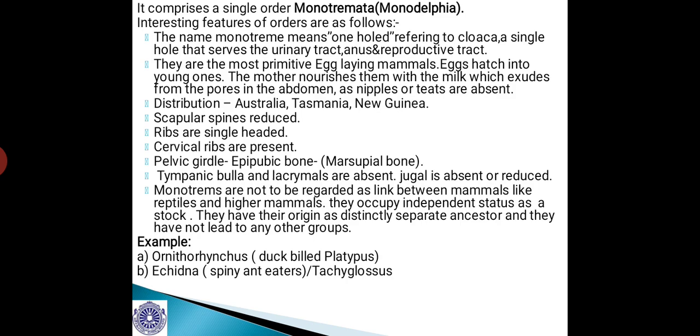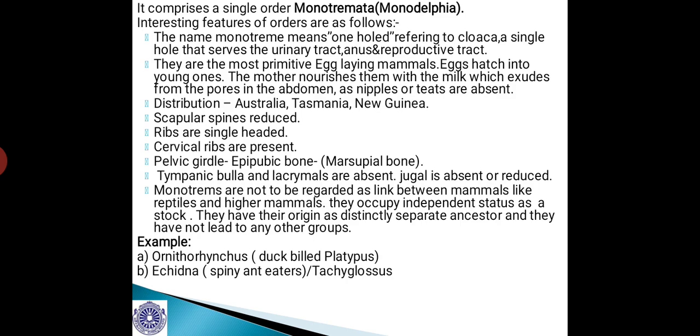Then coming to distribution, these are found in Australia, Tasmania and New Guinea, and they are restricted to those places only. Scapular spines are reduced, ribs are single-headed, cervical ribs are present, and the pelvic girdle has a bone called the epipubic bone, which is said to be the marsupial bone.